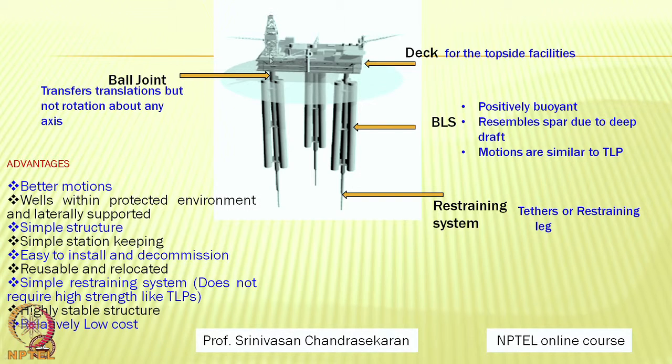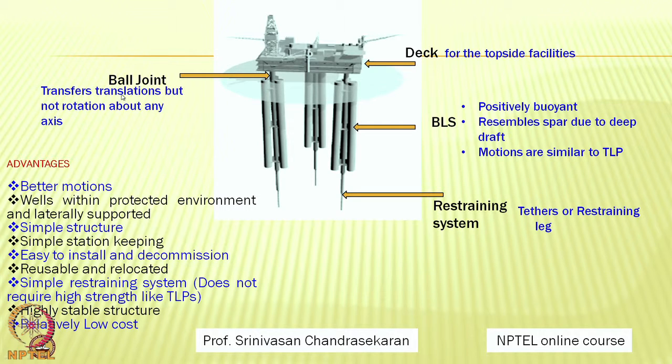Similarly, on the top derrick, if there is a wind force which can cause moment about the bottom of the derrick on the top of the deck, the deck will have a tendency either to roll or to pitch or even sometimes yaw on a horizontal plane because of the wind load. These rotary motions will not be transferred back to the BLS. So, the rotational displacements either from the BLS to the deck or from the deck to the BLS will not be transferred.